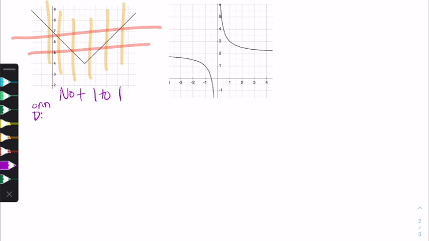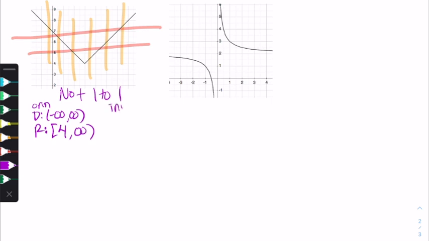So our domain is negative infinity to infinity. Our range, this is the lowest that we go. We don't have any graph below here. So our low is this number at 4, and then we go up from there. So we're starting at 4, it touches at 4, so it's a bracket, and then it goes up forever, so 4 to infinity.